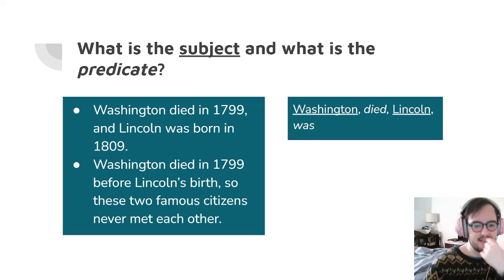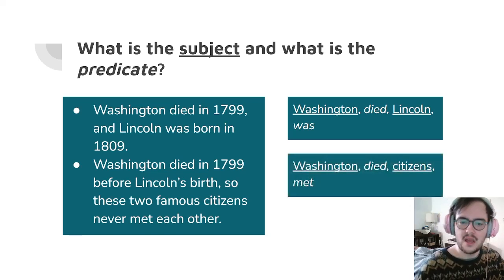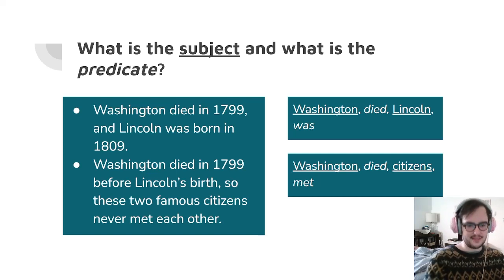The other sentence here. What are the subjects and what are the predicates? Washington died. Citizens met. These two famous citizens never met each other. Okay?